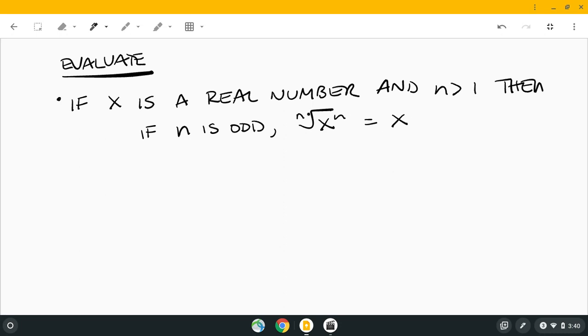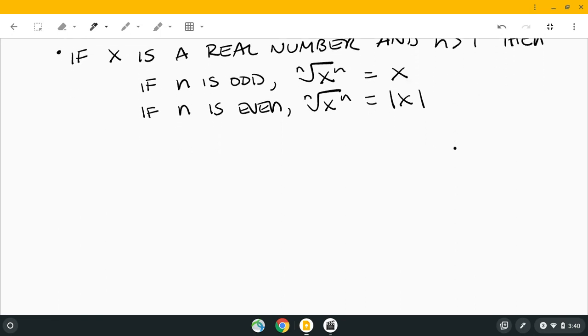Okay, so when you're dealing with cube root, fifth root, odd roots, you don't have to worry about absolute value symbols. But if n is even, then you do. So if you're taking the even root, then you do have to use absolute value. If you're doing the odd root, you don't have to worry about absolute value. If you're taking an even root, like square root, fourth root, sixth root, you have to use the absolute value.